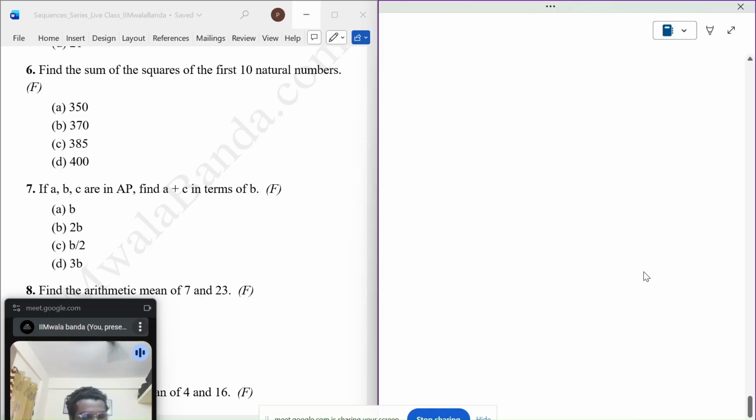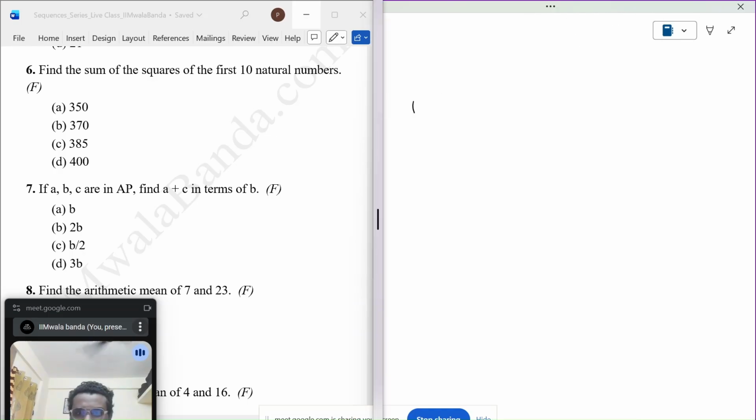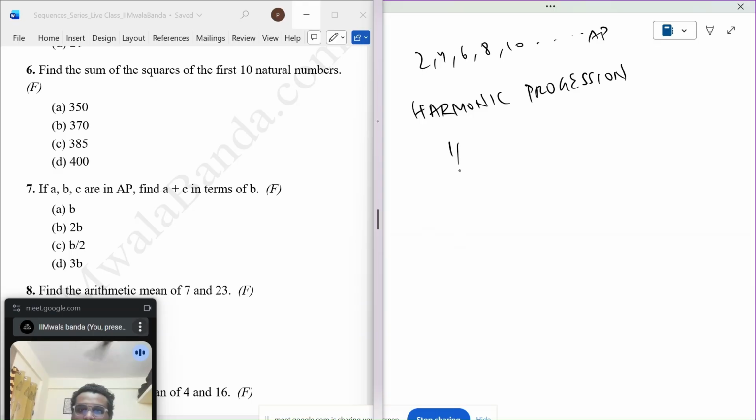Now comes a third series, which is the only series left, harmonic progression, which is basically nothing but whenever the terms are in a way that the reciprocals are in arithmetic series. That's the only significance of harmonic series. For example, AP is 2, 4, 6, 8, 10 and so on. This is AP. If you make reciprocals of these, then this is an HP.